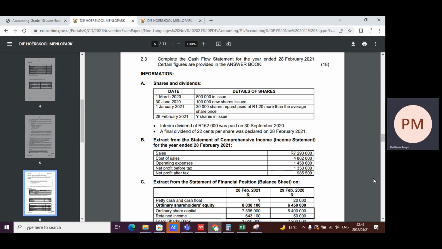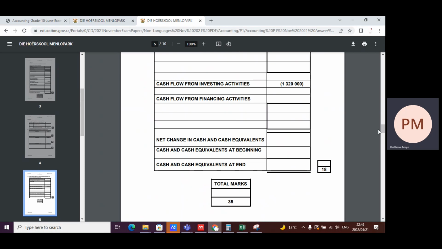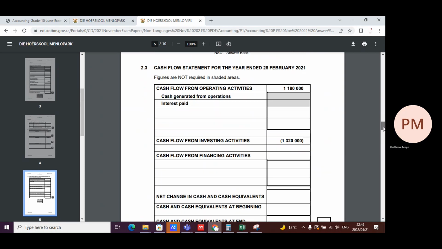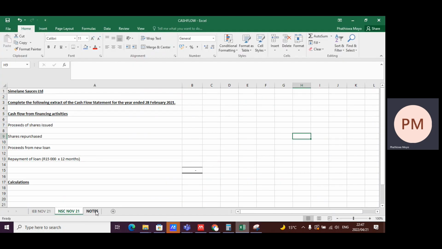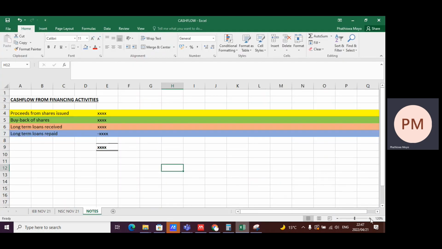Here, they want you to develop the full cash flow statement. If you can see here, they want you to do the full cash flow statement. So remember, I'm just touching base only on cash flow from financing activities, because you must master small parts in order to get distinctions. Remember, I will reiterate.